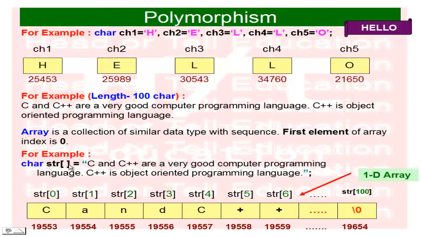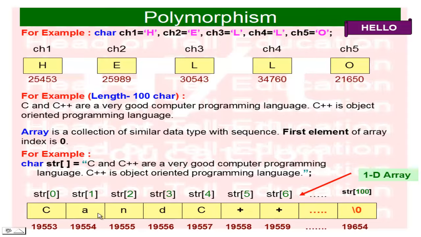This string has a total of 100 characters. On location 0 we have C, on 1 we have a space, 2 we have AND, 3 we have a space, 4 we have C, 5 plus, 6 plus, and so on, and the last character is the null character.